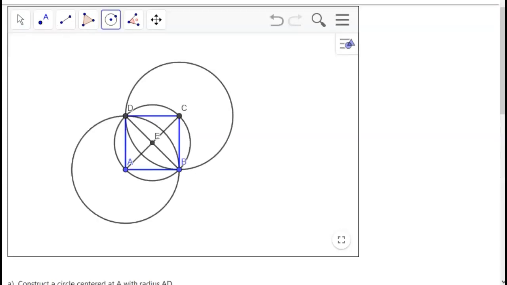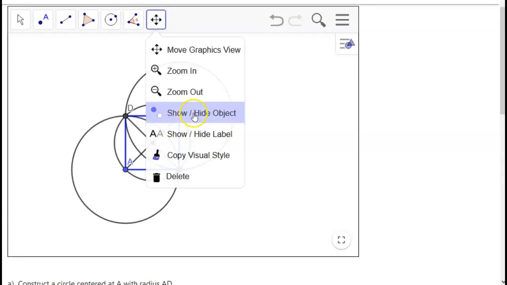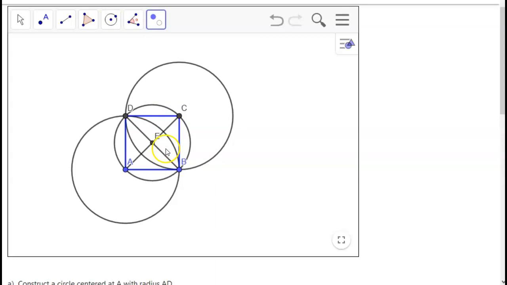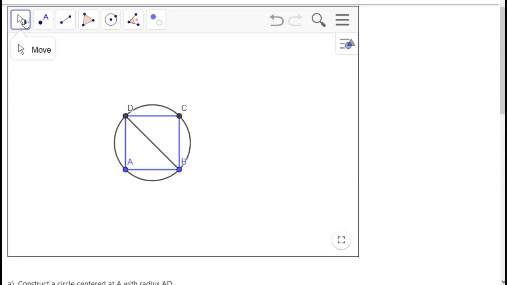If we look back at this one here, remember, let's hide some of these things so it's a little bit more clear for us. I'm going to take away the square, if I can. I don't know if I can do that. Might not let me. And I'm going to take away these two pieces right here. No, I can't take away that square.